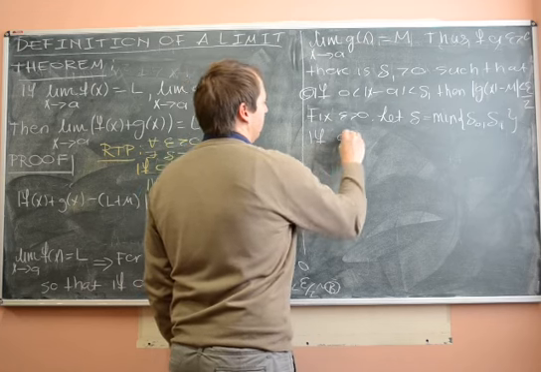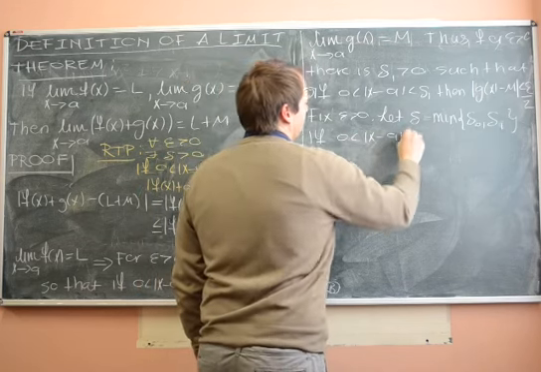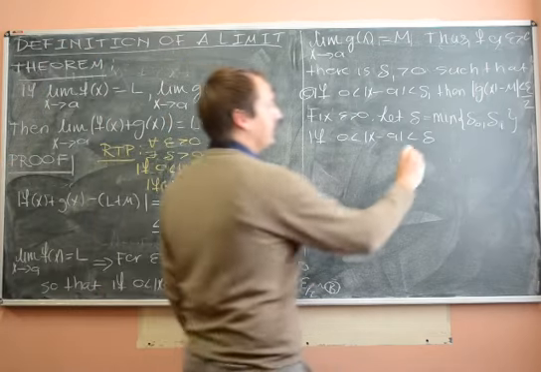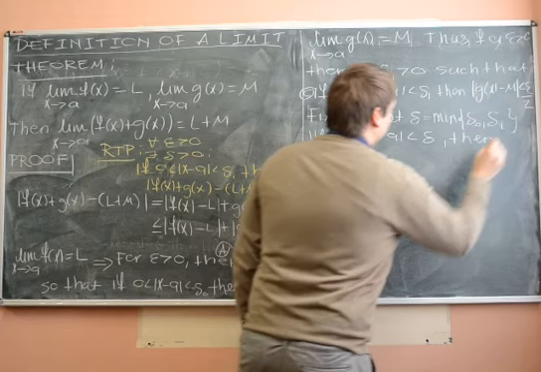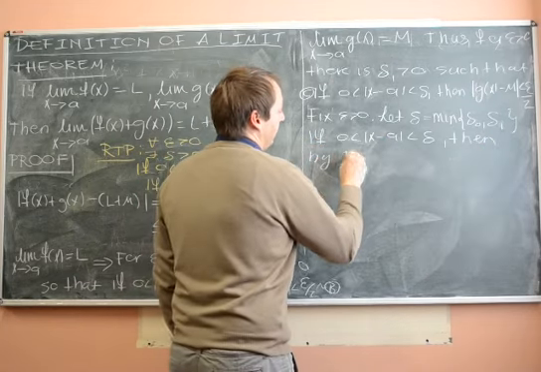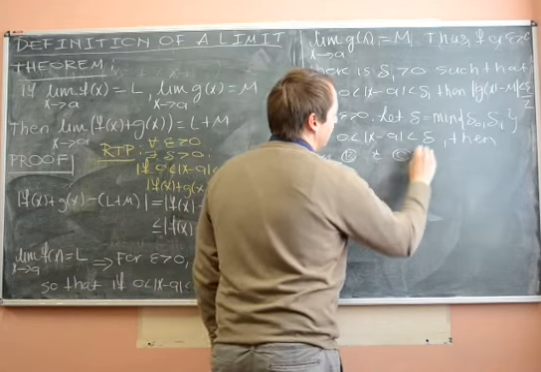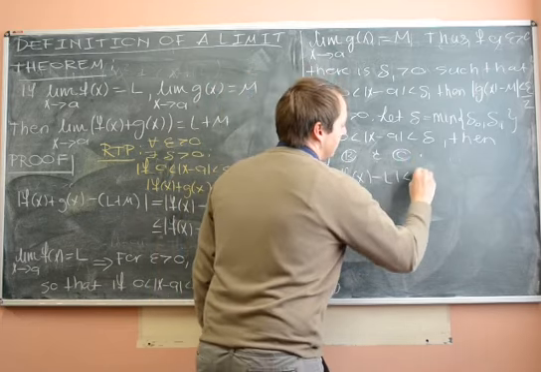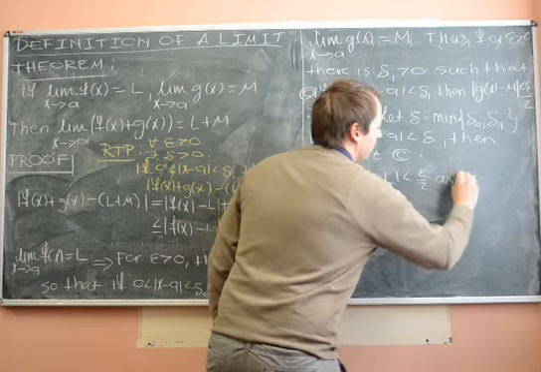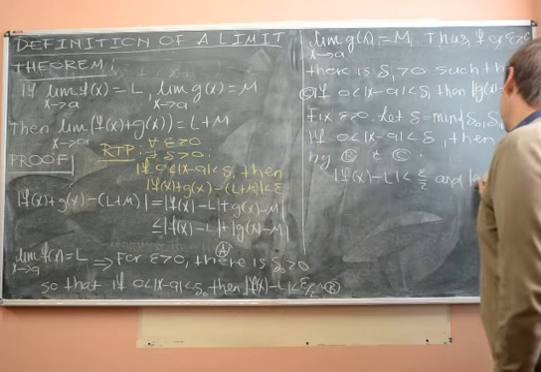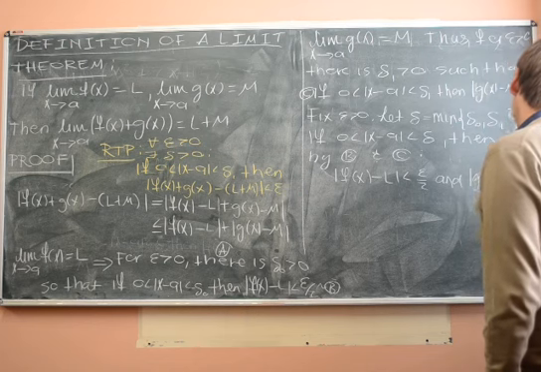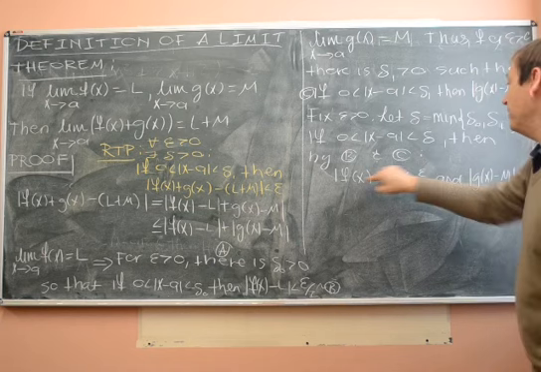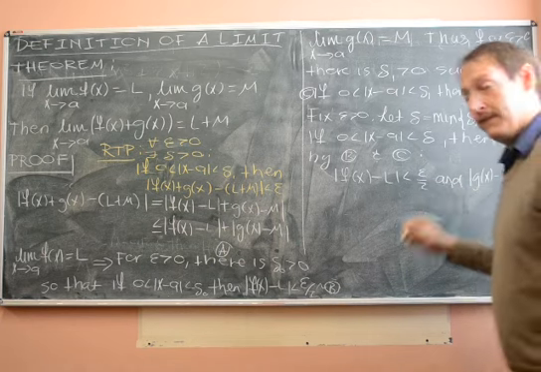So if the absolute value of x minus a is between 0 and delta, then by B and C, the absolute value of f of x minus L is less than epsilon over 2 and the absolute value of g of x minus m is less than epsilon over 2. So both inequalities are true.